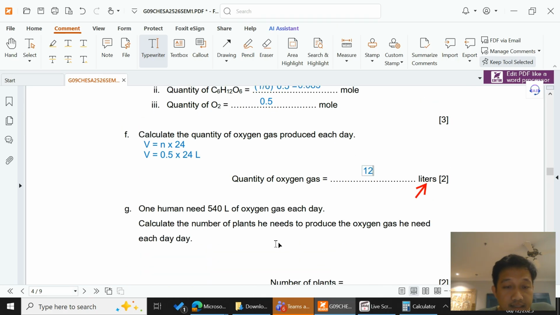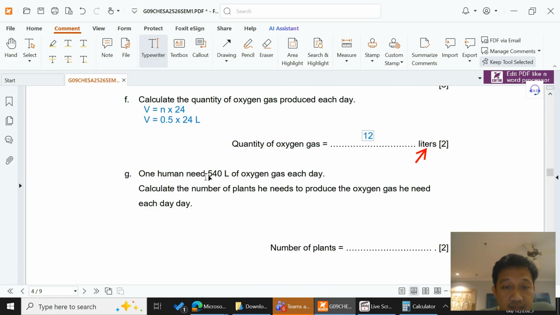Okay, next, one human needs 540 liters of oxygen gas each day. Calculate the number of plants to produce the oxygen gas that he needs each day.